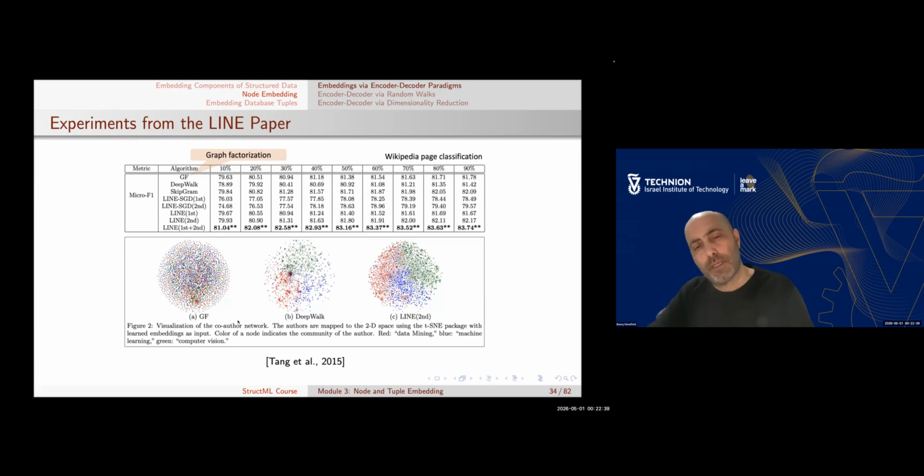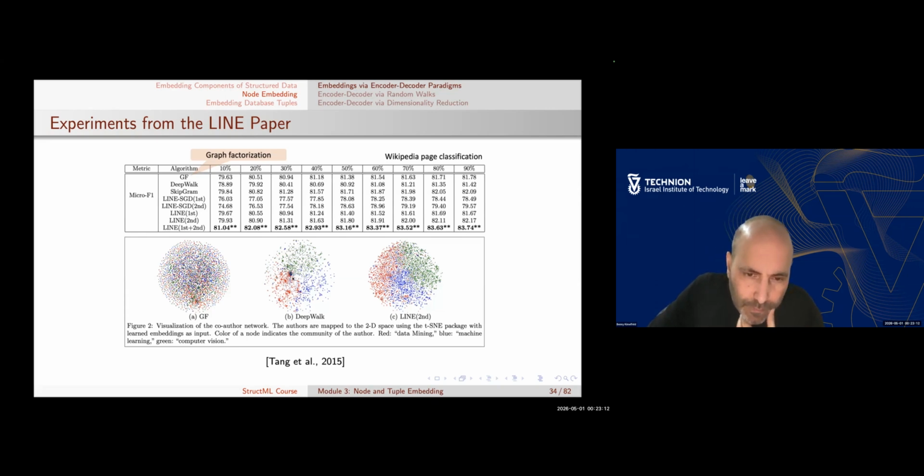And so, look, we use graph factorization, and we don't see any correlation between the expertise of these authors and the position of the dots in the 2D. So no semantic correlation. With DeepWalk, we see a better correlation. See, there is a green region, blue region, red region.